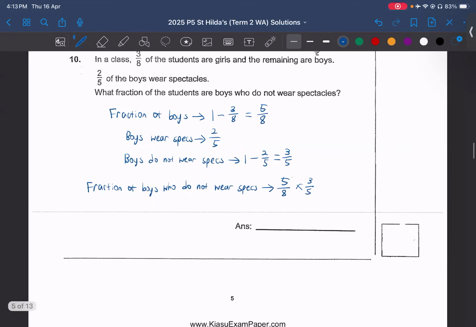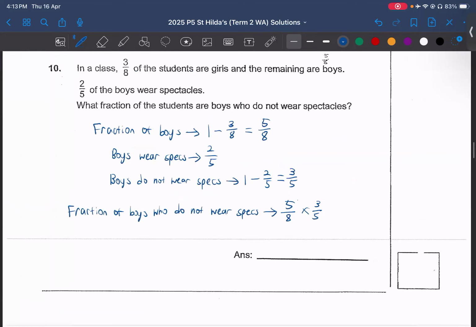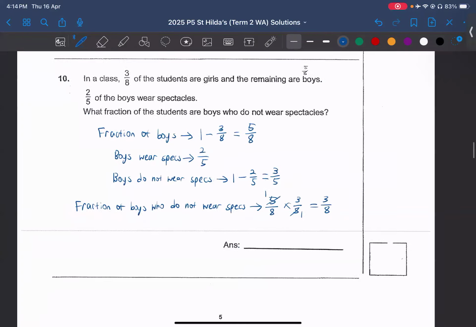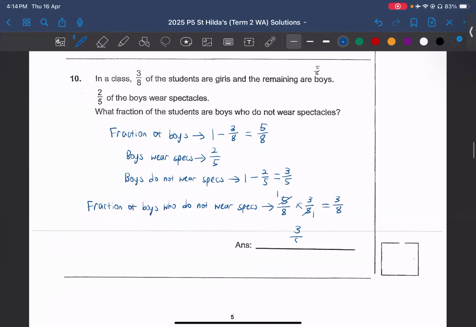We have a fraction multiplied by a fraction, so the numerator of one fraction can cancel with the denominator of the other fraction. So 5 and 5 can cancel to become 1 and 1. In the end, we have 1 times 3 over 8 times 1, which is 3/8. And that will be your answer for this question, 3/8.